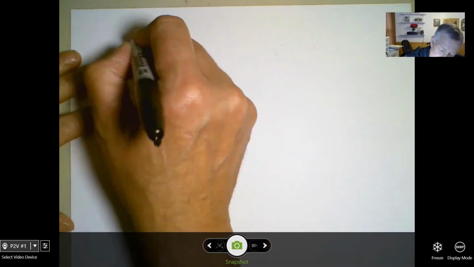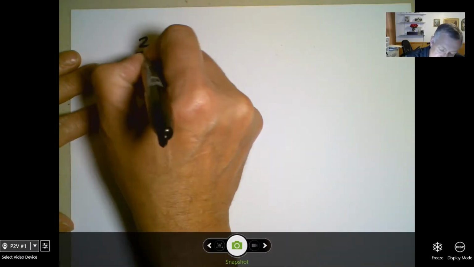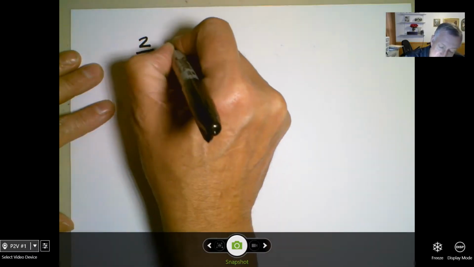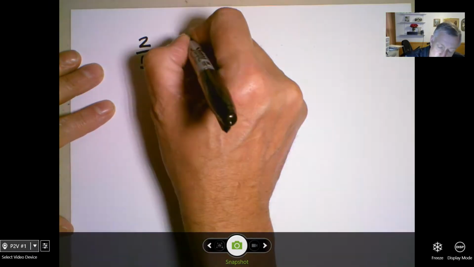Yesterday, one of the things we looked at was what happens when we have a shape that has two fractional sides. Let's say one side was 2/5 and the other side was 1/3.